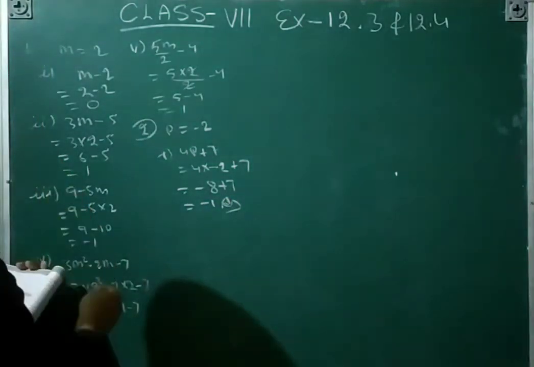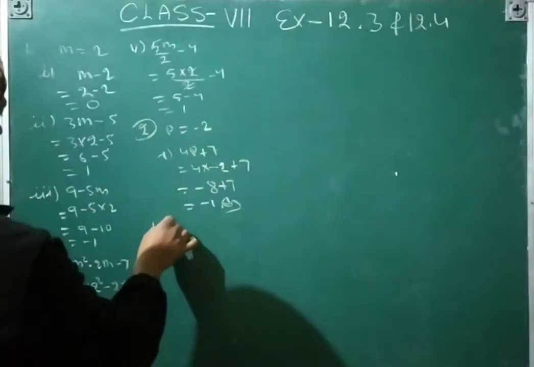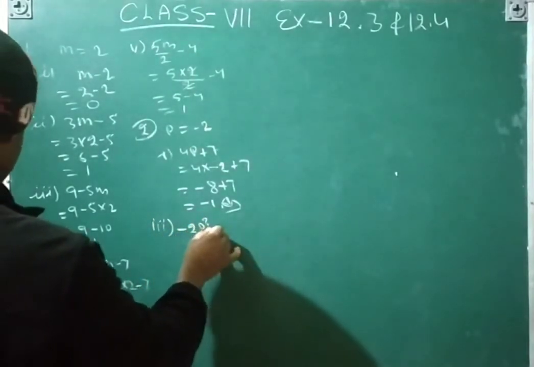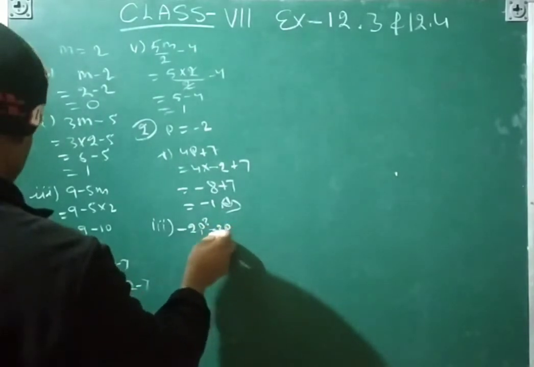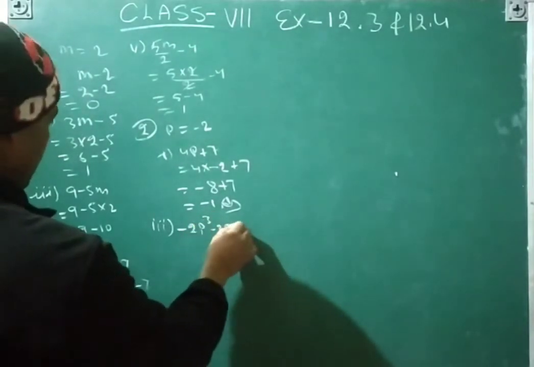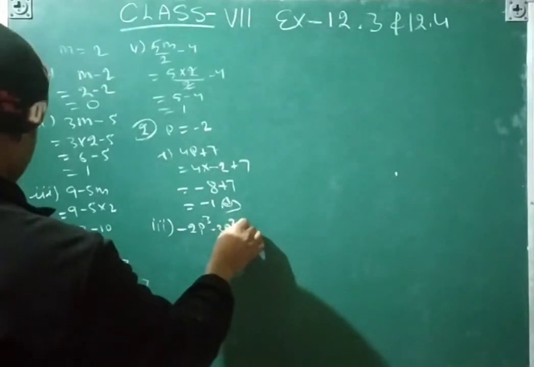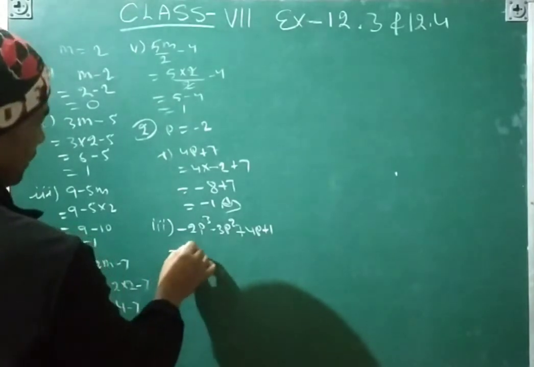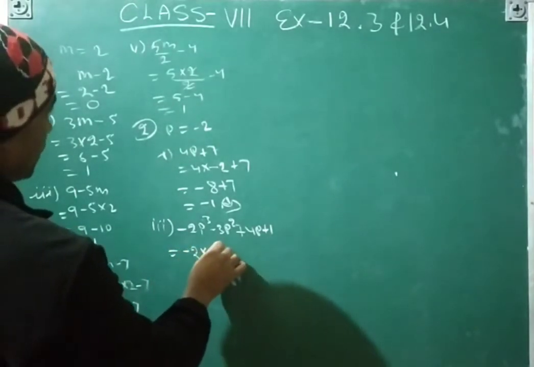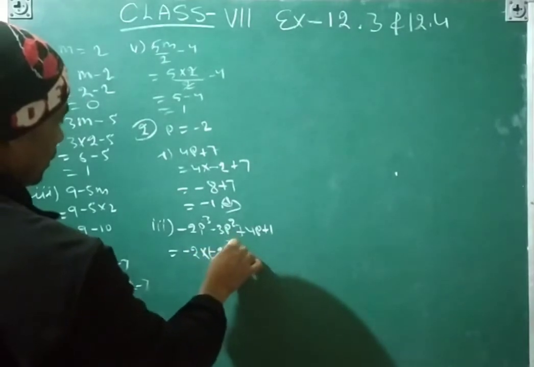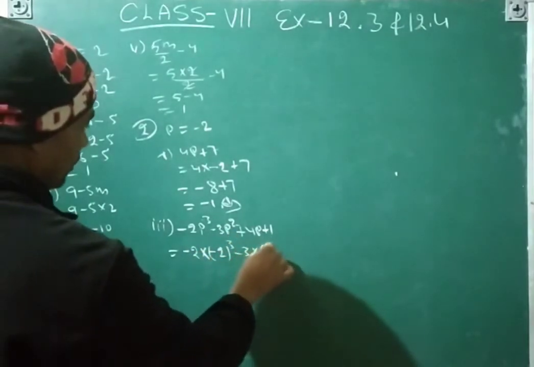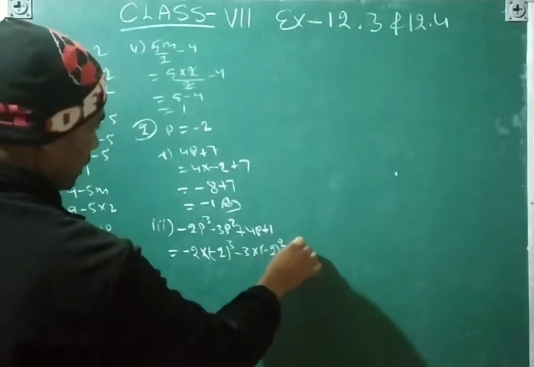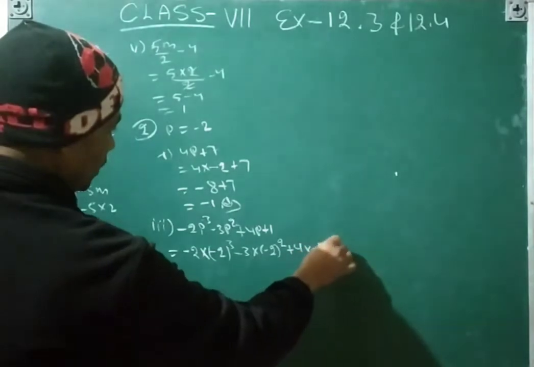And then see the last part, second part you do by yourself: minus 2p square minus 3p cube plus 4p plus 1. So that is minus 2 multiplied by minus 2 square, minus 3 into minus 2 cube, plus 4 into minus 2 plus 1.